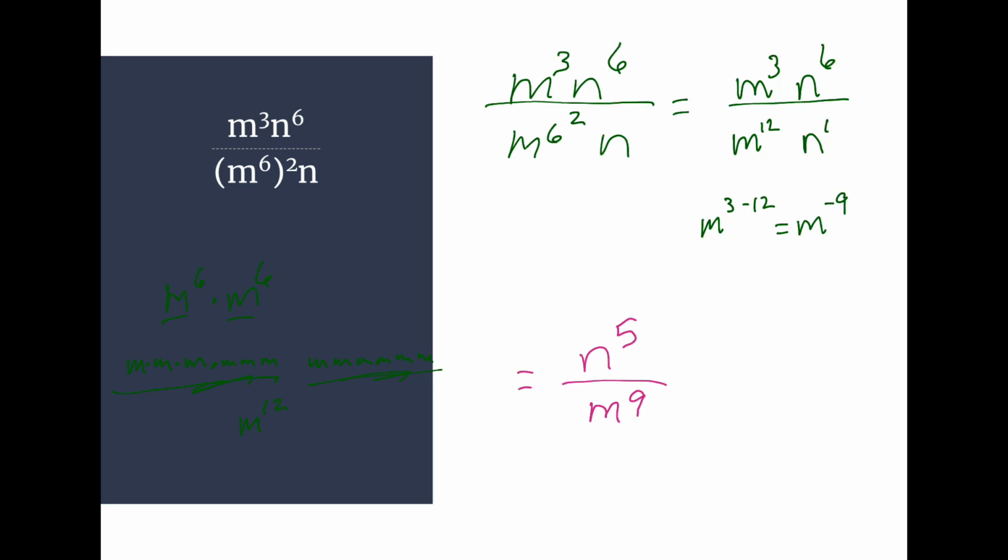If we remember what negative exponents do, they flip our fraction, which means the m to the 9th should end up down on the bottom of the fraction. And with our n's, n to the 6th minus 1, 6 minus 1 is just 5. So n to the 5th is going to stay on the top of our fraction. No reason to move that down.